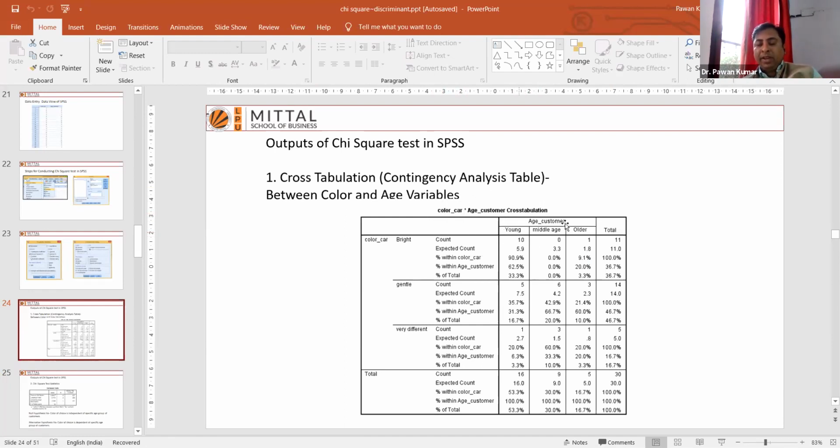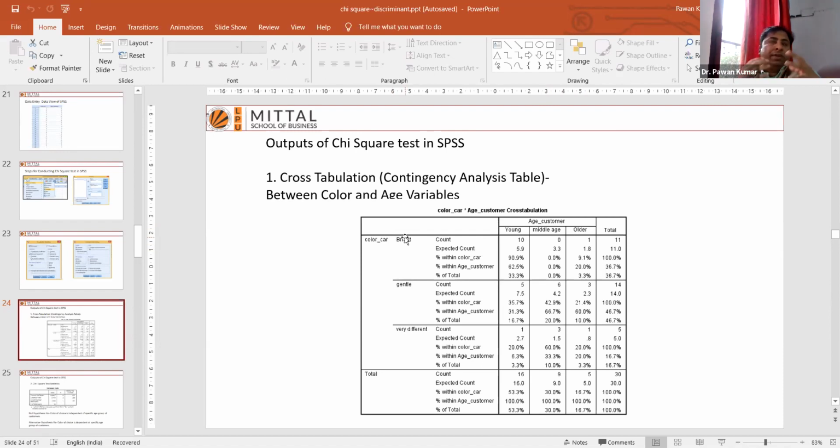For example, from this statistics I would come to know that 10 young people prefer which color of car? Bright. Whereas there is no middle-aged customer, and there is one older customer who likely chooses the car of bright color.